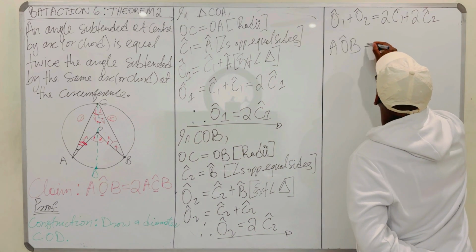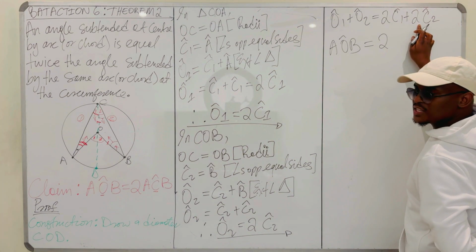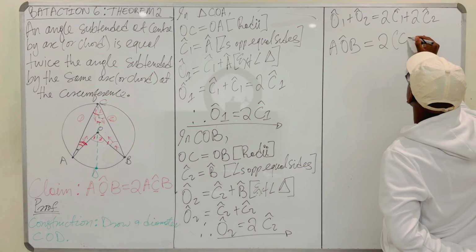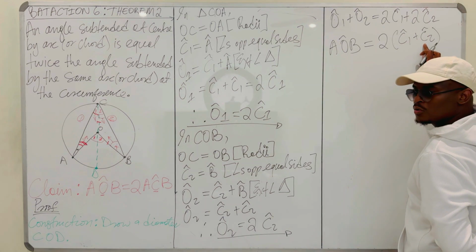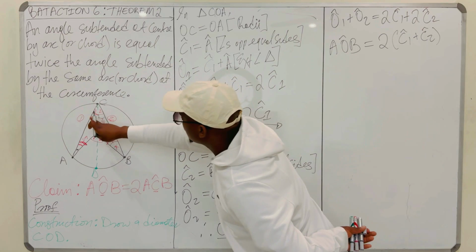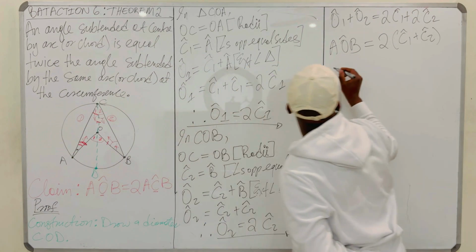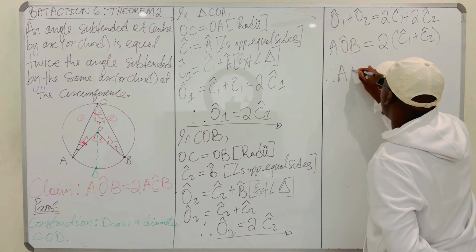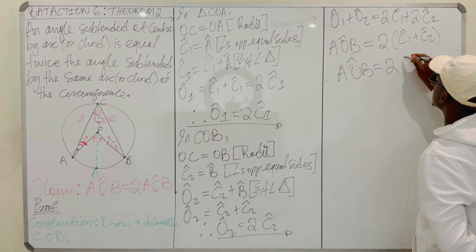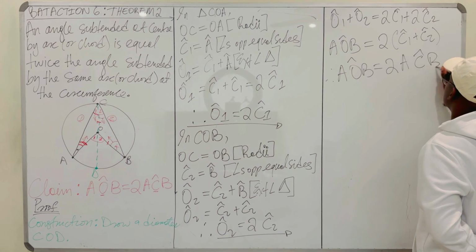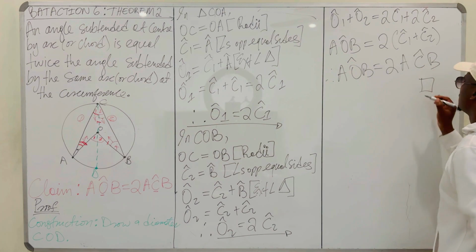That is equal to 2, taking 2 as a common factor, times C1 plus C2. What is C1 plus C2? It's ACB. Therefore, angle AOB is equal to 2 times ACB. I think this is what you're looking for.